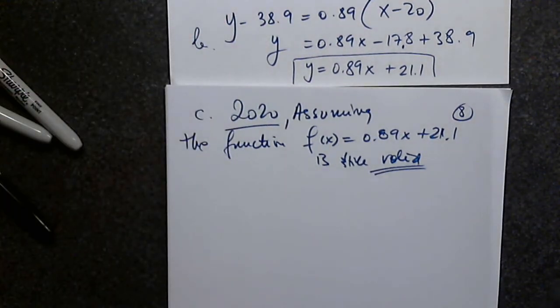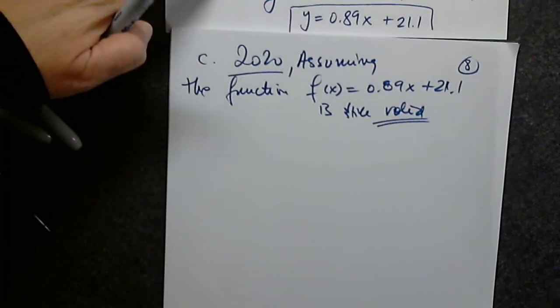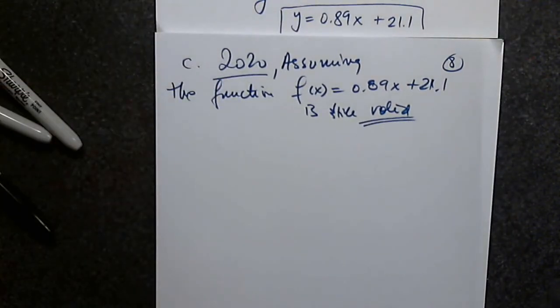So what do we do? How do we predict, assuming the model still holds, what could happen? What could the percentage be of females between 25 and 29 who may be still not married in 2020?